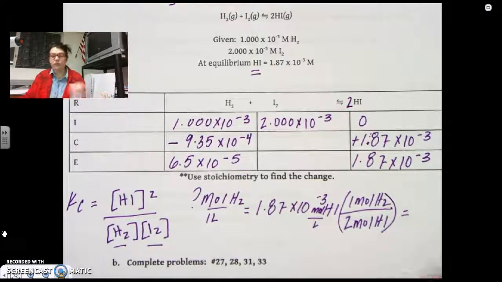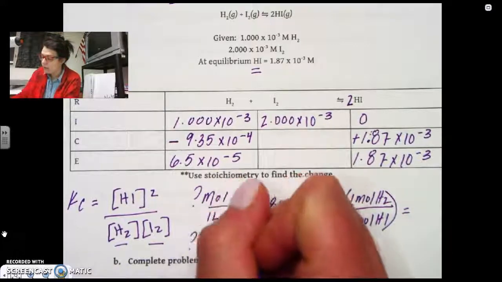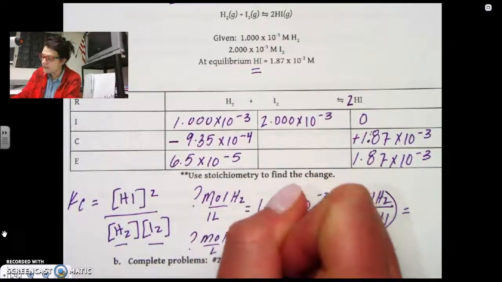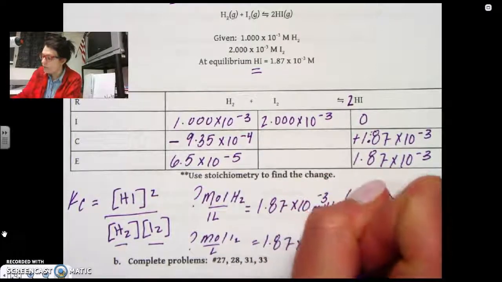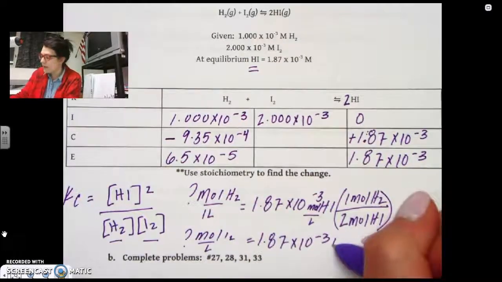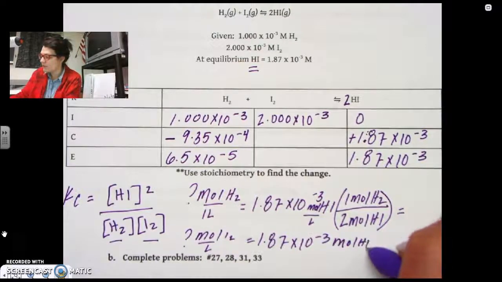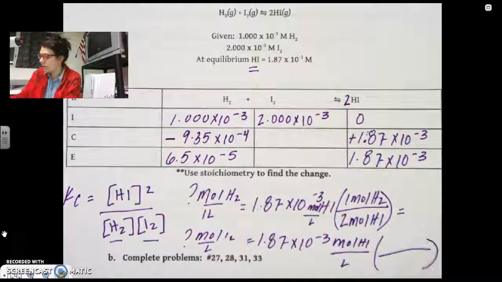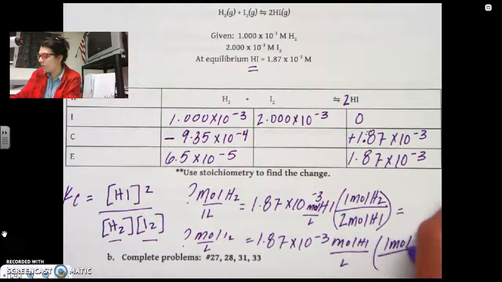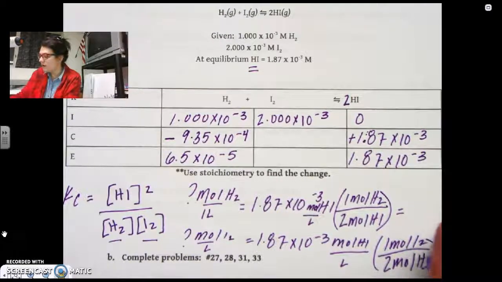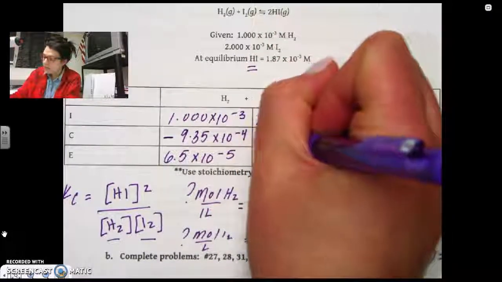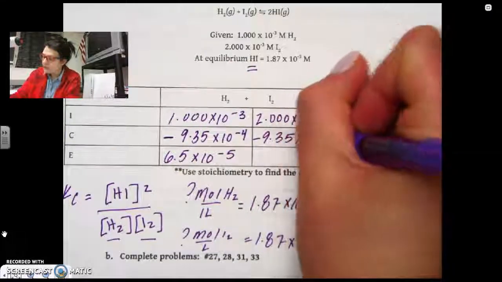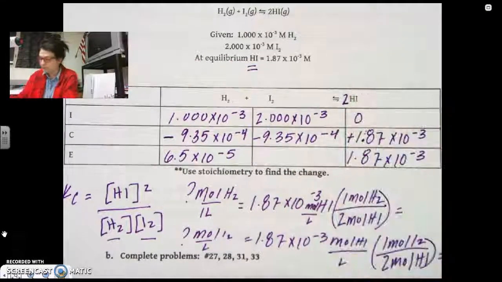So then for I2, I'm going to do the same thing, but what we're slowly going to realize is that it's going to be the same amount because the mole ratio is the same. But just for practice purposes, let's just do it. Okay? So for every 1 mole of I2, I will make 2 moles of HI, which means I am also losing 9.35 times 10 to the negative fourth.